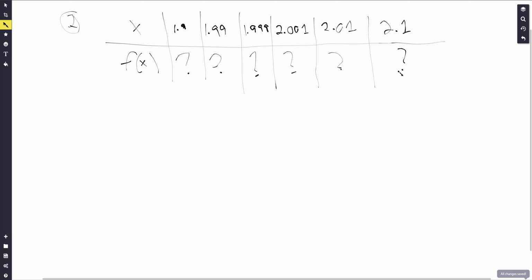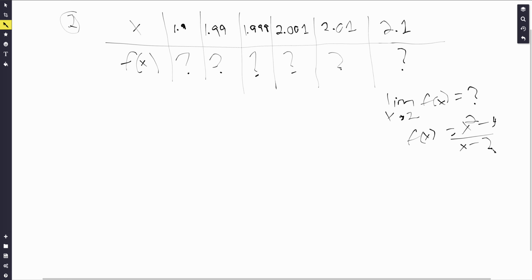We're given the same function that we had originally, the limit as x approaches 2 of f of x. We want to find what that's equal to. And we know that f of x is equal to x squared minus 4 divided by x minus 2.